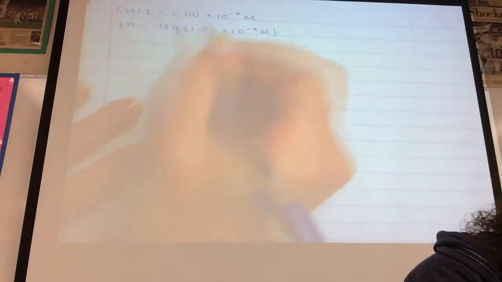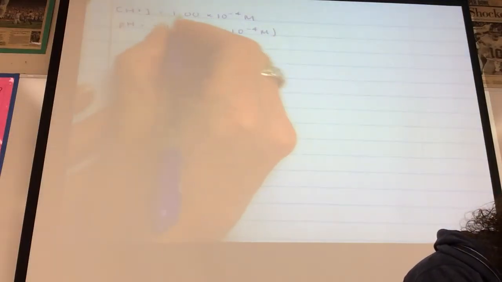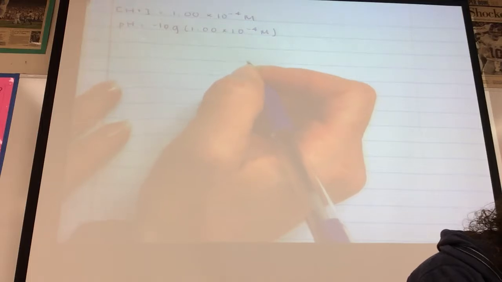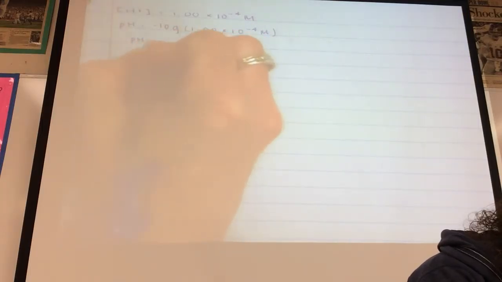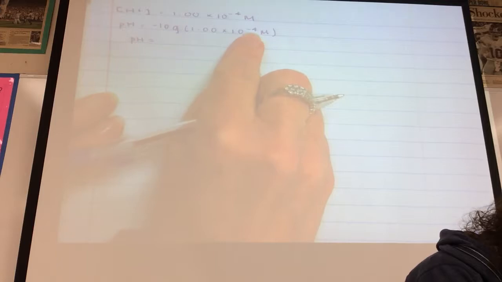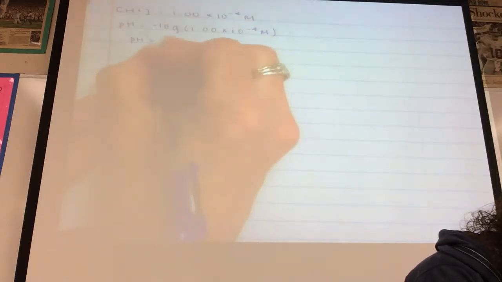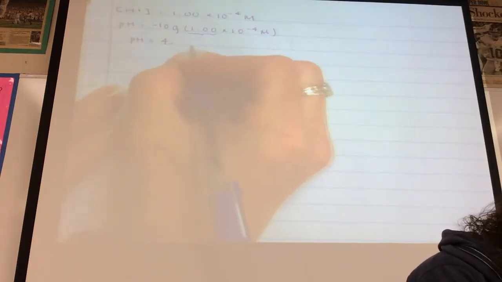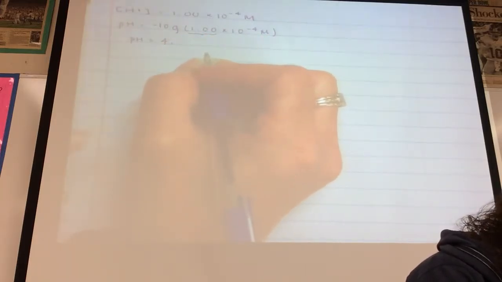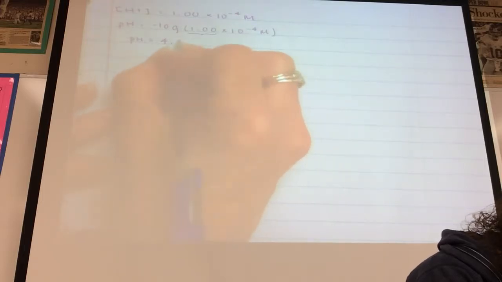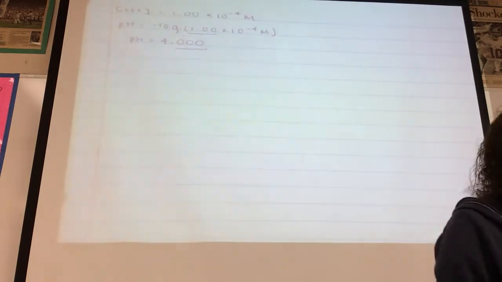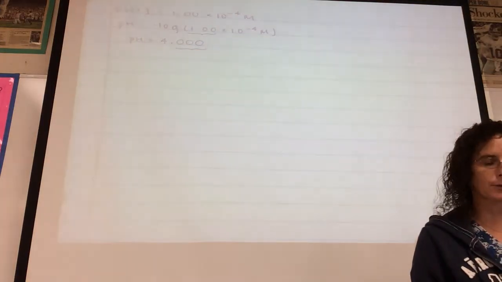If you have a 1 before the times 10, and nothing after the 1 except zeros, then the pH is equal to the absolute value of the exponent. In regard to the sig figs, you have 3 sig figs here, so you will put 3 zeros after the decimal point. For pH and pOH, the sig figs start after the decimal point, so it's a little bit different.